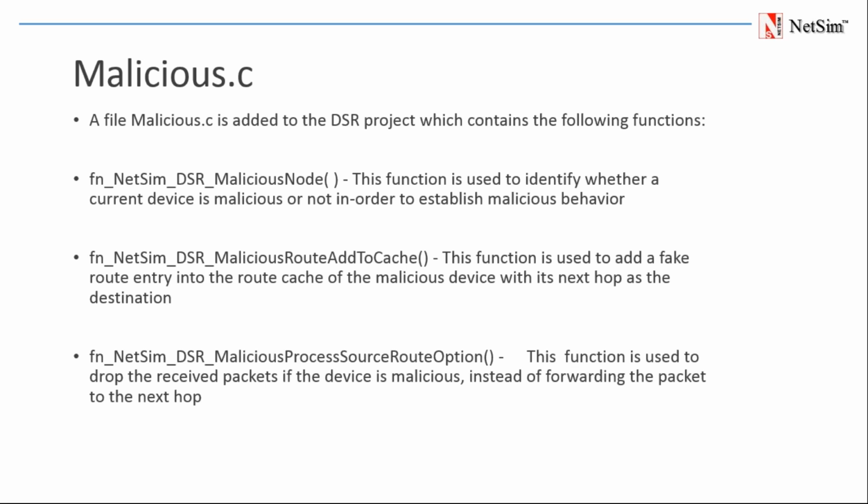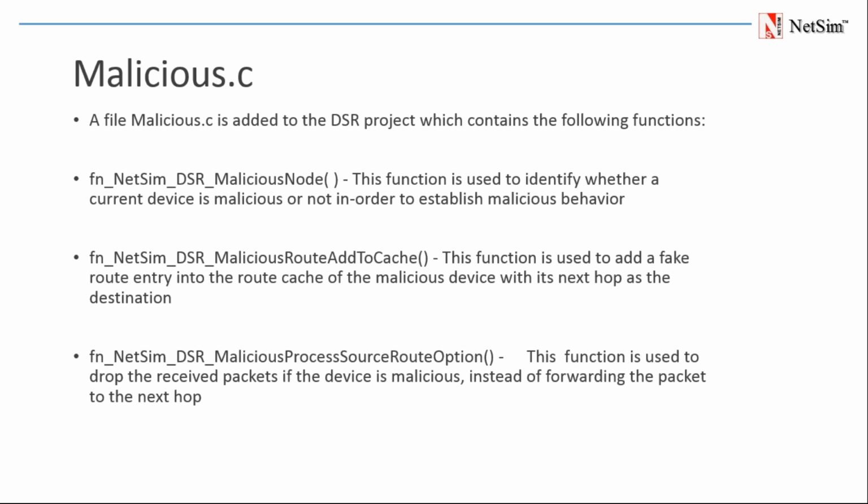So this is about the malicious.c file. For implementing it in NetSim, we have to add this malicious.c to the DSR project, which has the functions below. These three functions are in the NetSim DSR malicious node. The first is to identify whether this node is malicious. This function is used to identify whether the current device is malicious or not, in order to establish malicious behavior.